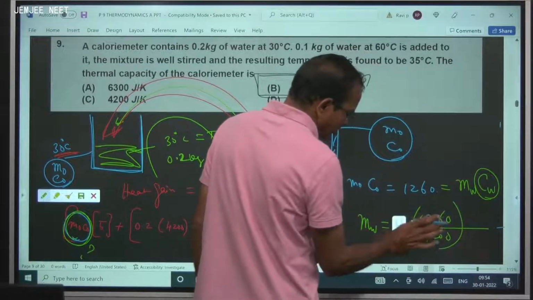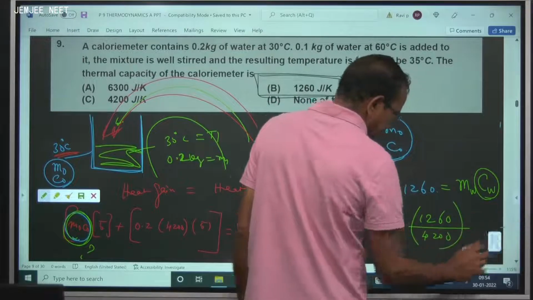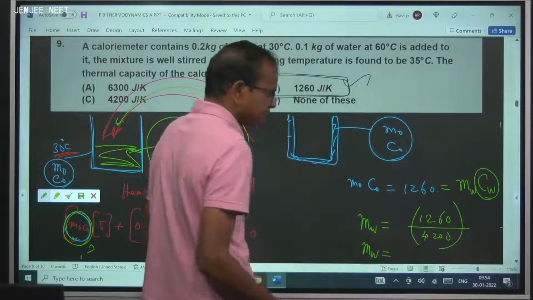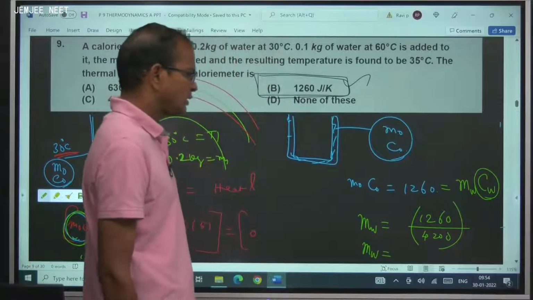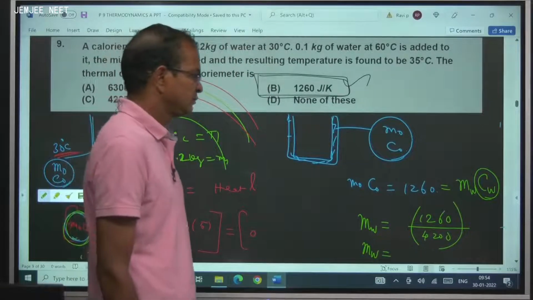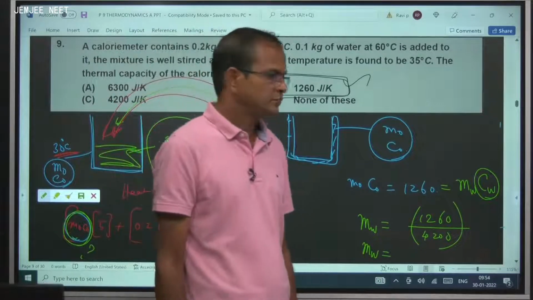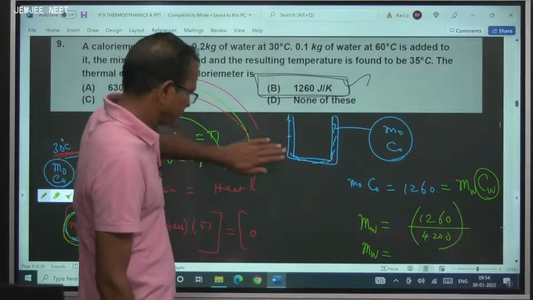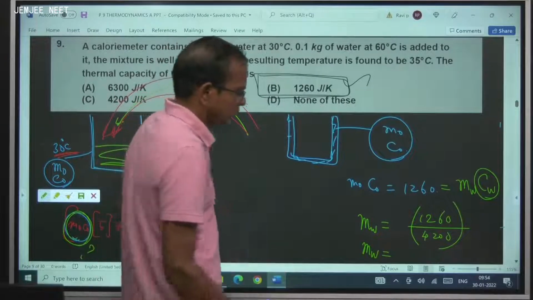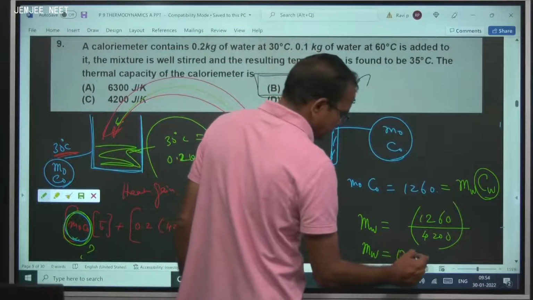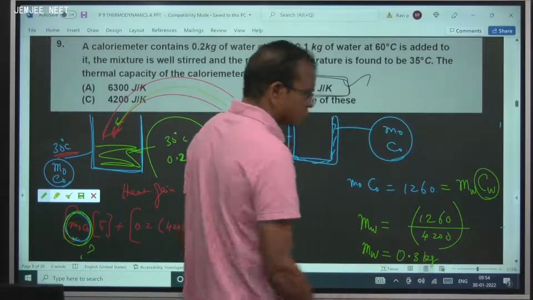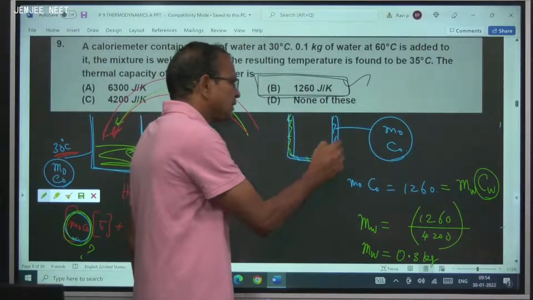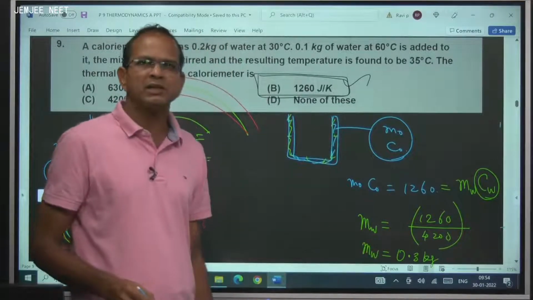This is an approximate calculation. Mass of water: Sir, 0.3. So the water equivalent of your calorimeter metal is equal to 0.33 kg of water.